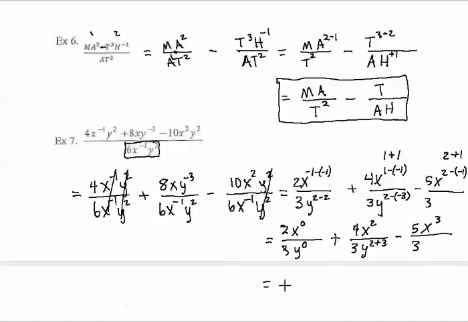This first one just ends up being a 2/3, because x to the 0 is a 1, y to the 0 is a 1, and so this fraction is really just a 2/3. We don't need these 1's here. So I'll go back and erase them.